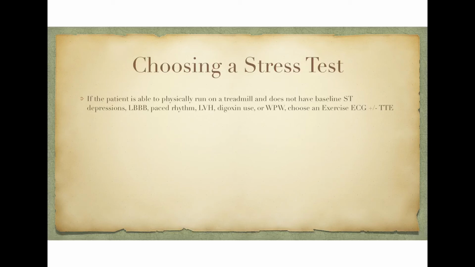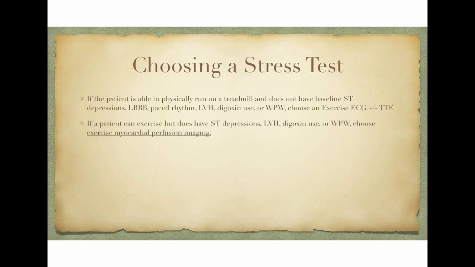If a patient is able to run on a treadmill, they don't have any leg ulcers, amputations, or severe claudication, and they also don't have any baseline ST depressions, a baseline left bundle branch block, paced rhythm, severe left ventricular hypertrophy, using digoxin, or an accessory pathway with Wolff-Parkinson-White syndrome. If they don't have any of those things, you can stress them using just a plain old exercise ECG with or without an echocardiogram.